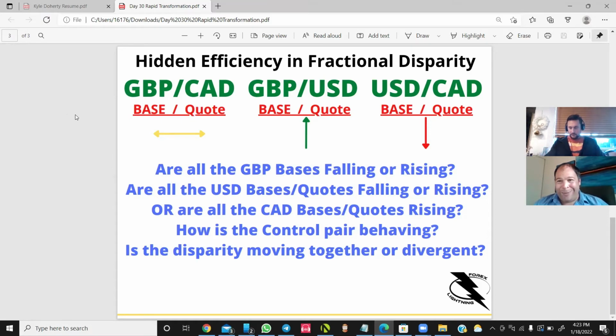Now, here's the deal. There's an evil part to the backside of this, and that is equity, like managing your money, right? I feel like we just talked about that last week. How many times have you sat there, I know a million times I've sat there and I'm like, I'm scaled into this beautiful trade, and I know the fractional disparities are running on the backside, but I just put all my equity into this trade.